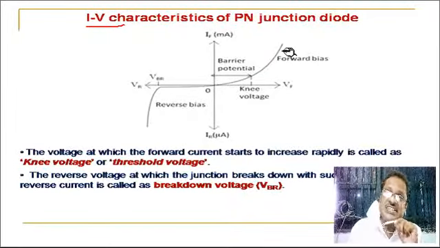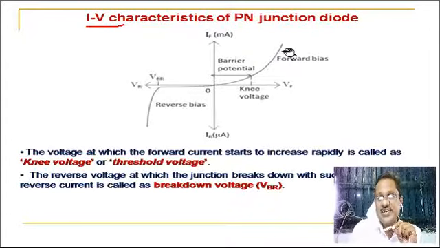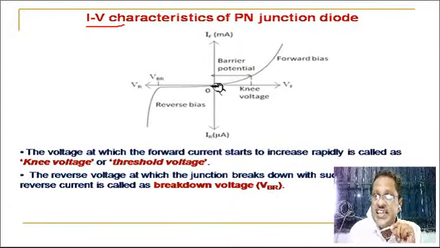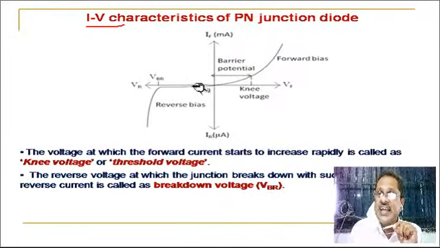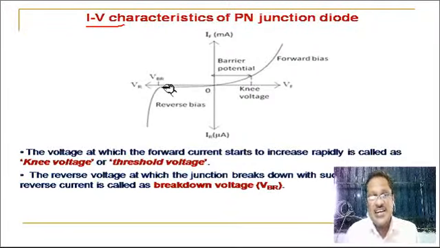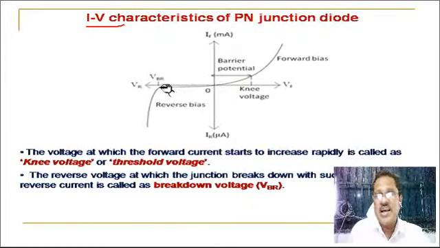But when the junction is reverse biased, practically a very small amount of current flows through the junction, and this current is due to the minority charge carriers. The value of current is very small during the reverse bias condition. But as the reverse voltage becomes high, what will happen?